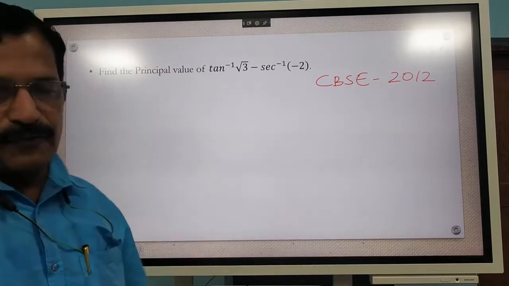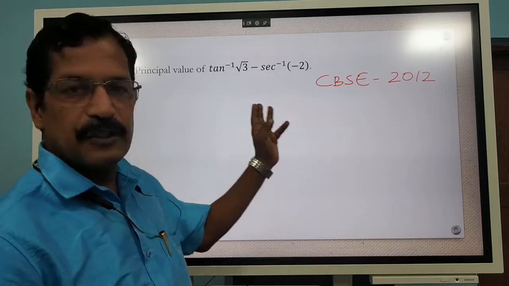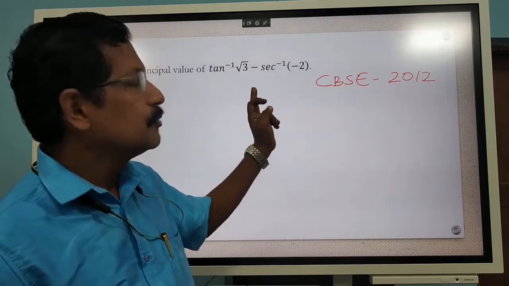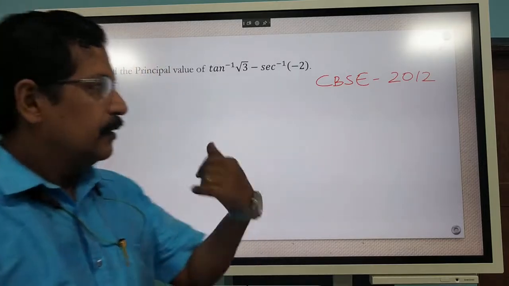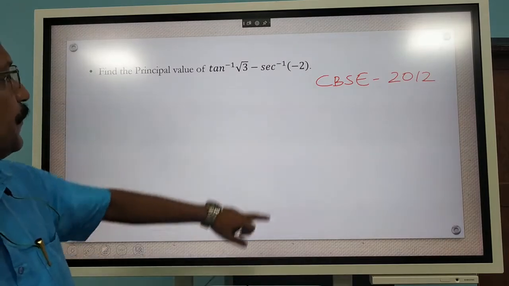At that time it was for 1 mark only, but at present the pattern has changed, so there is a possibility of getting 2 marks for this particular question. Let us see how to solve this one.